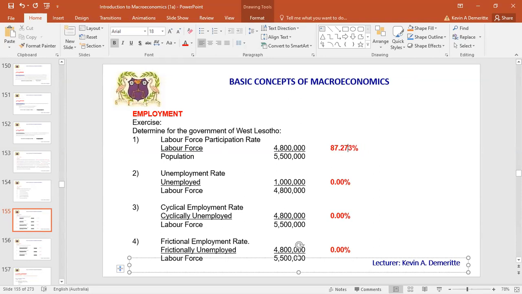Right. That's what it's supposed to be, right? Yeah, but some people rounded it off. So you don't want us to round it off then? 87.27%. No, do not.